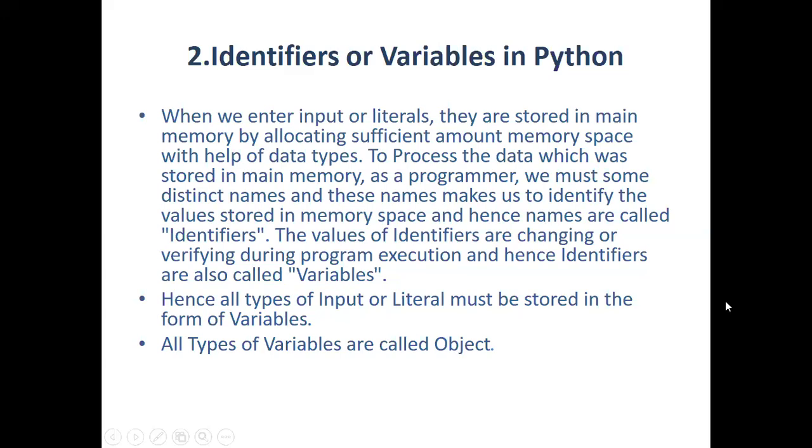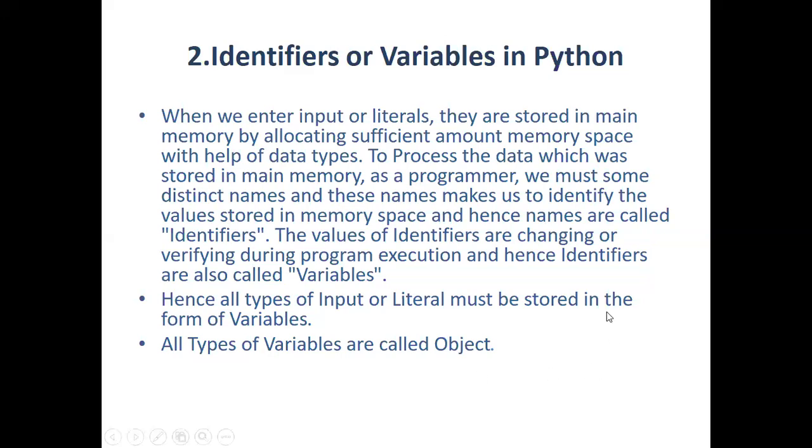In order to process the data stored in the memory space, the programmer gives some distinct names to them, and these names help us to identify the values stored in the main memory. Such names are known as identifiers.